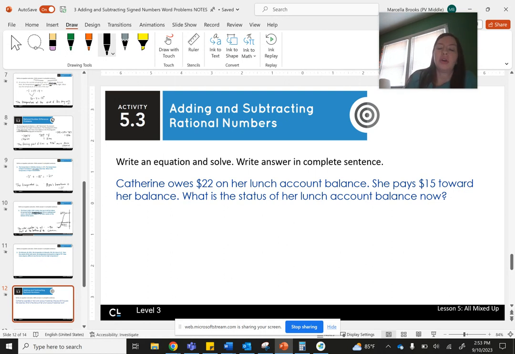All right, Catherine owes $22 on her lunch account balance. She pays $15 toward her balance. What is the status of her lunch account balance now? So she starts out, she owes 22. So if we owe 22, that means we're going to do minus 22. And then she pays $15 toward her balance, so it's going to be plus 15.